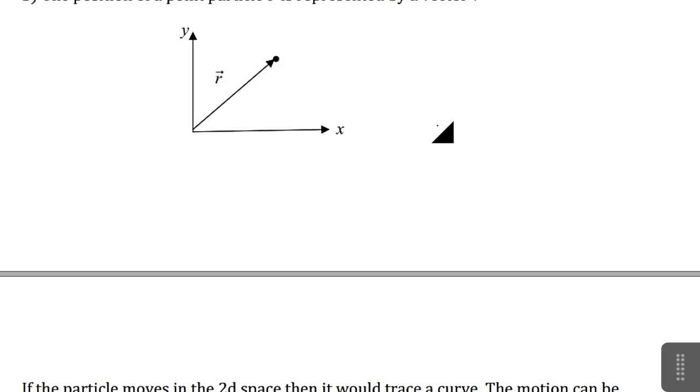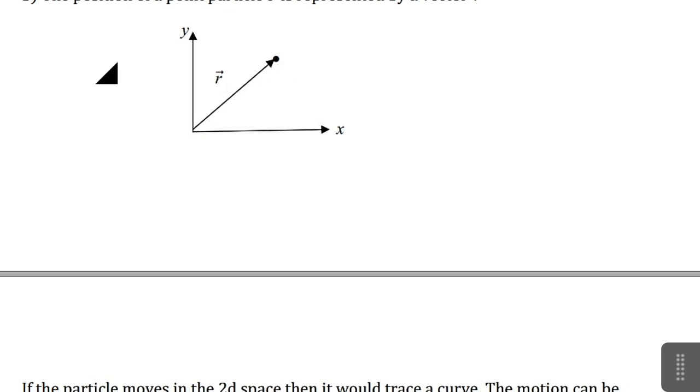In classical mechanics, any point or object in, say, the xy coordinate axes can be represented by a vector r from the origin, and this r is the position vector, because it defines the distance of this point from the origin. That's why it is called a position vector.